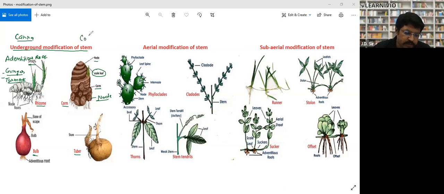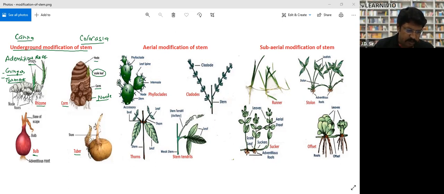Have you seen colocasia? It's a vegetable actually. The outer cover is brownish and the inner side is white. It's a very popular vegetable. It's like potato, exactly. It's called Arabi also.